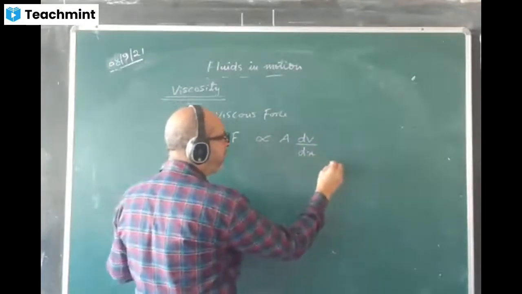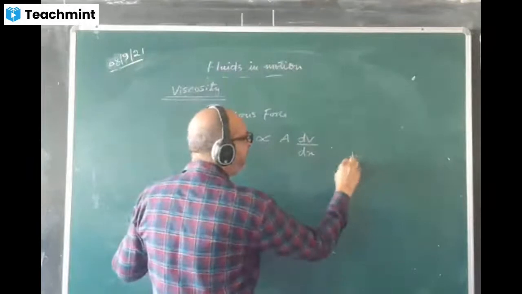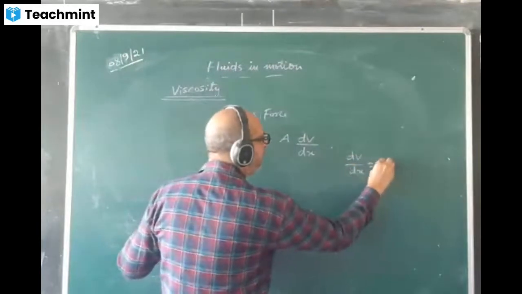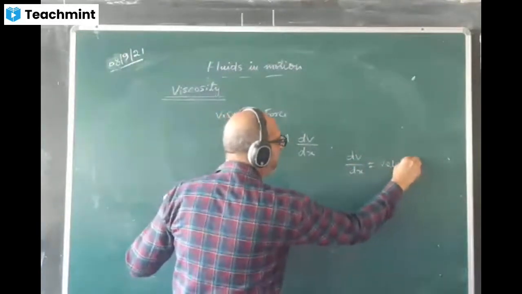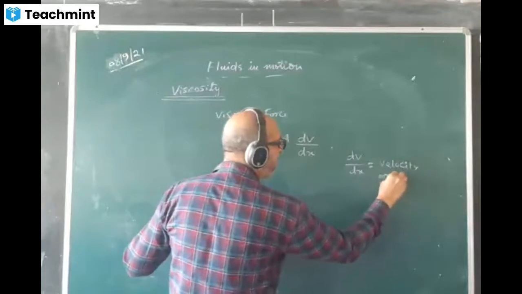This is called velocity gradient. Write down, dV by dx is called velocity gradient.